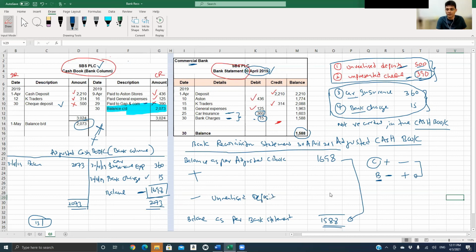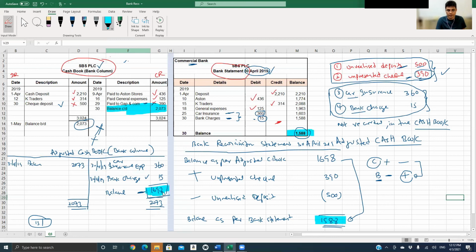How much? 500. And unpresented checks, how much should be added? 390. Now see the balance. 1698 plus 390 minus 500. How much? 1588. So you are arriving at this balance.